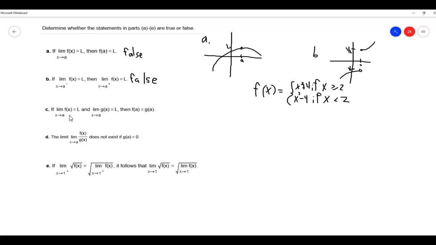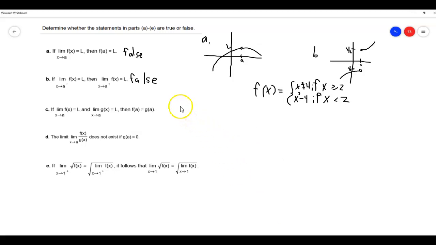So this is a little bit trickier than the first two. And here we kind of have to think about some of the rational quotients that we've looked at. Here we can probably take a look at a couple of functions where we were able to remove one of the factors from the bottom.